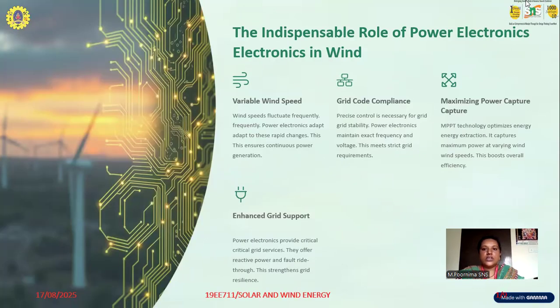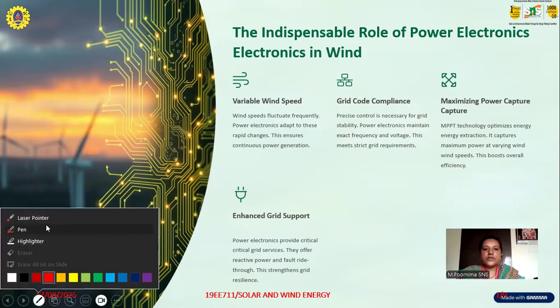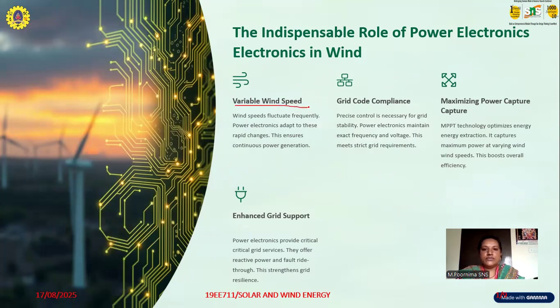First of all, we are seeing what is the main role of power electronics in wind energy systems. We have so many roles. First one is variable wind speed. Wind speed fluctuates frequently, and power electronics adapt to these rapid changes.